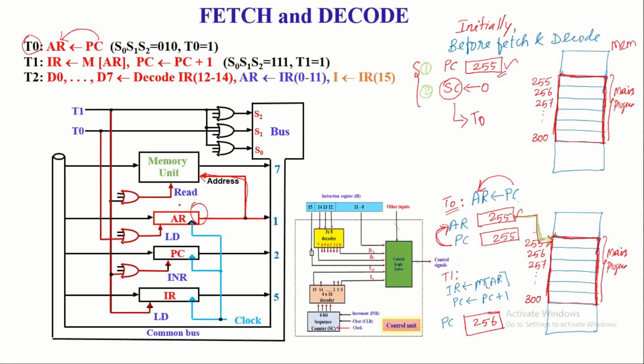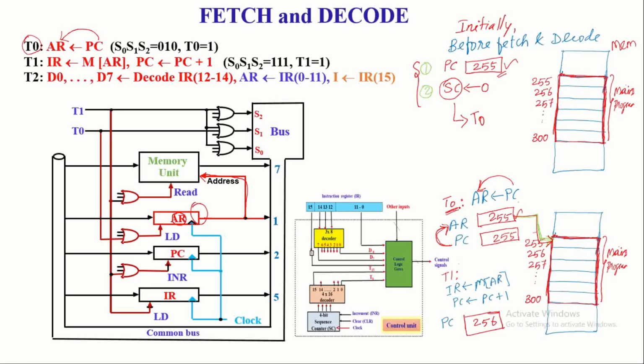That's why before performing any memory operation, the memory location from where the operation is performed has to be loaded into the address register. From that memory address only, the corresponding memory operation can be performed. So the transfer from program counter to address register must be performed during the timing signal T0.